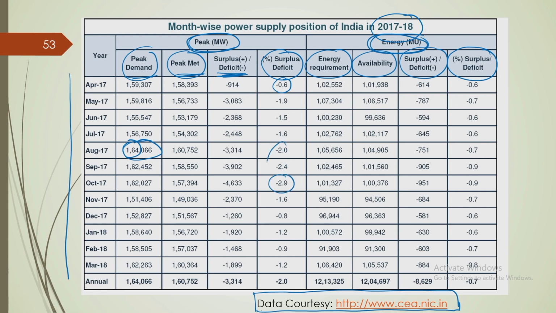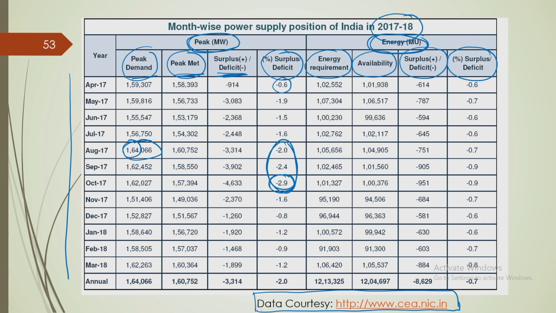These are the times when we have summer in our country, and October is also a festive time of this country. So power demand increases, and so does the deficit in meeting this peak demand.